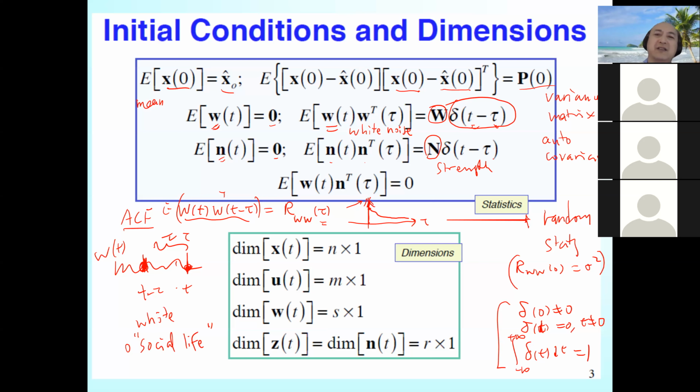If it is I, then it's unit white noise. And this one is even more interesting: if this is 0, it means the two noises are not correlated. They are independent.